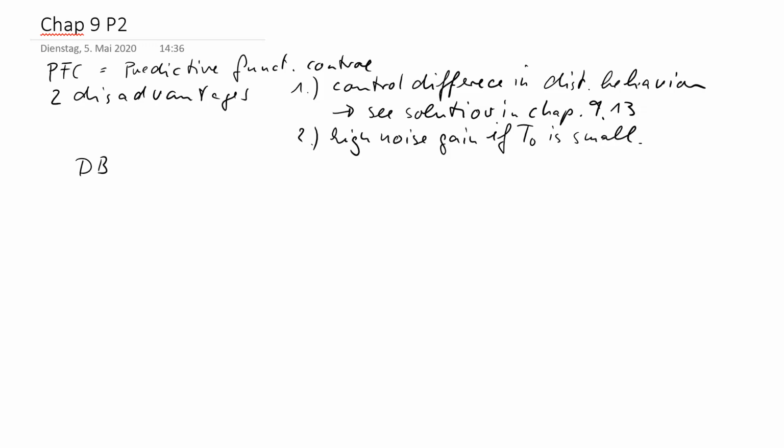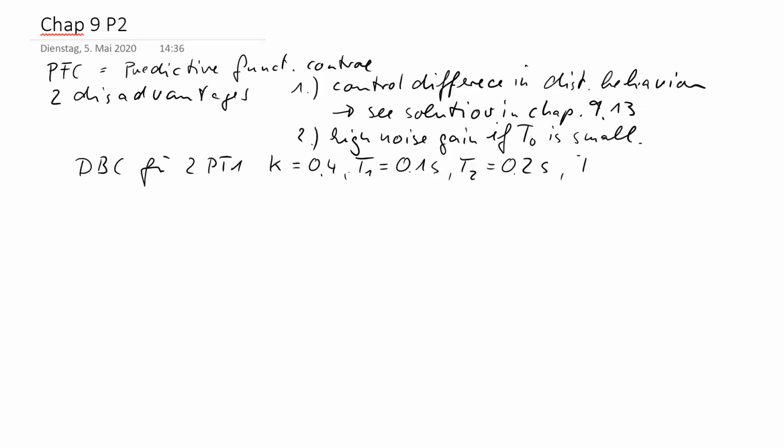The deadbeat controller for our 2PT1 process we have used in an experiment just before, where K is 0.4, the first time constant is 0.1 second and the second time constant is 0.2 second.